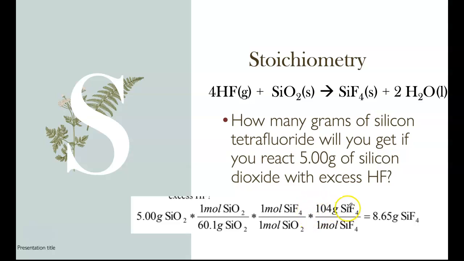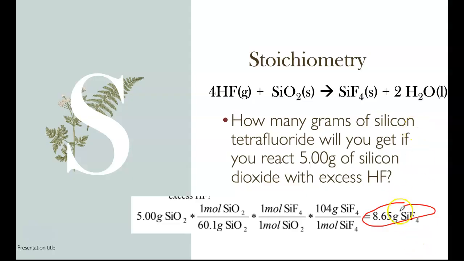Our molar mass of silicon tetrafluoride is 104 grams. So we come up with 8.65 grams of silicon tetrafluoride, excuse me. And of course, what do we call that number right here? Hopefully you're thinking that is our theoretical yield, and you are exactly right.